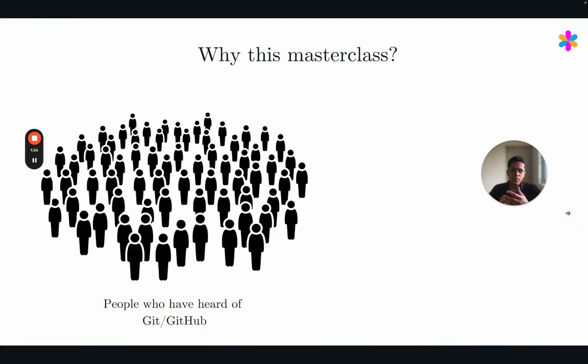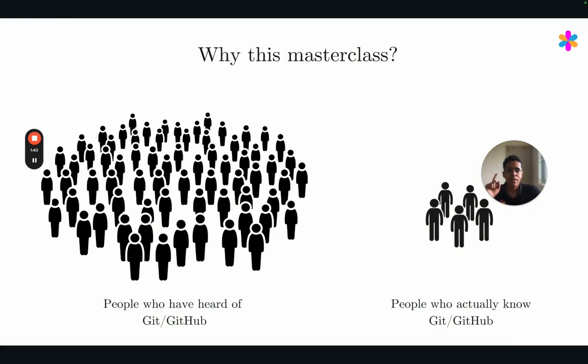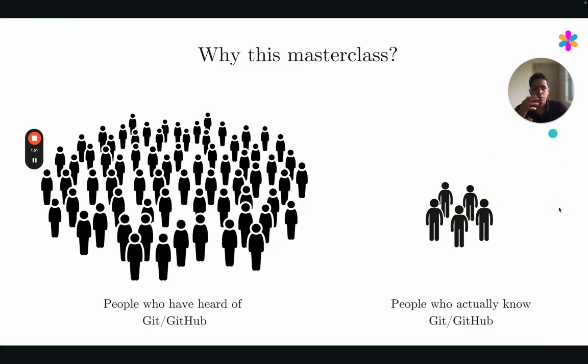So, as I mentioned, there is a huge crowd of people. Every single one of them has heard of GitHub, but once you start asking any serious question to any of them, you will realize that the number of people who actually know Git or GitHub, or who actually use it on a daily basis to enhance their, let's say, collaborative efforts or productivity, is very low.